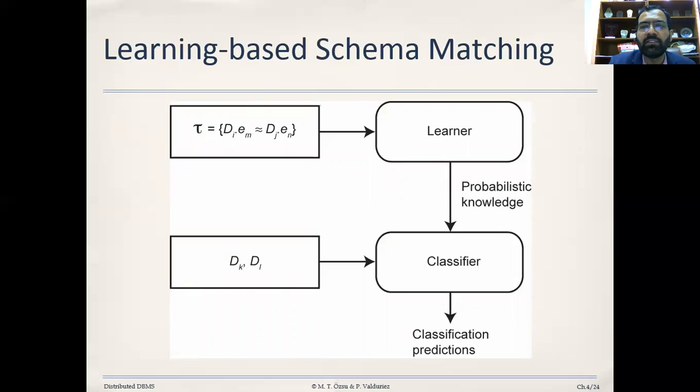Learning-based schema matching normally works in this manner: we have the given, for example, domain and the element which we want to see whether they are the same or not. We give it to the learner, and the learner uses probabilistic knowledge, because we do not have certain knowledge here. So we need probabilistic reasoning, so that based on that knowledge, the classifier classifies it and gives you the classification prediction.